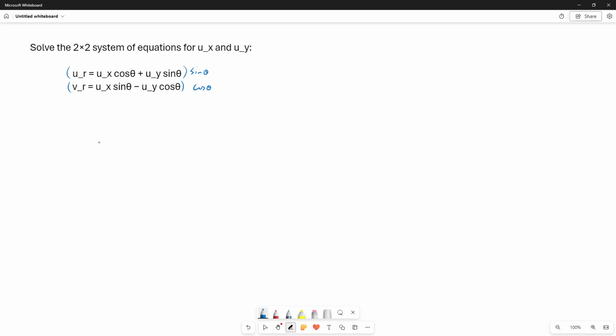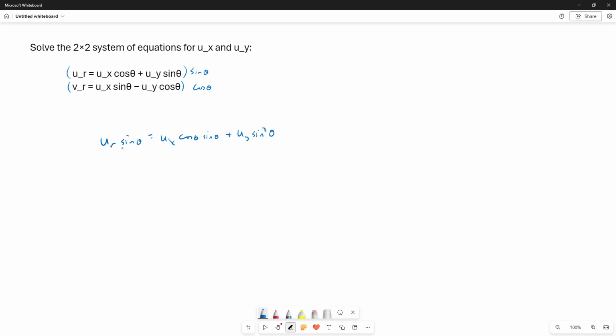So if we do this, we have for the top equation u sub r times sine theta equals u sub x times cosine theta times sine theta, and then plus u sub y sine theta times sine theta, so sine squared theta.